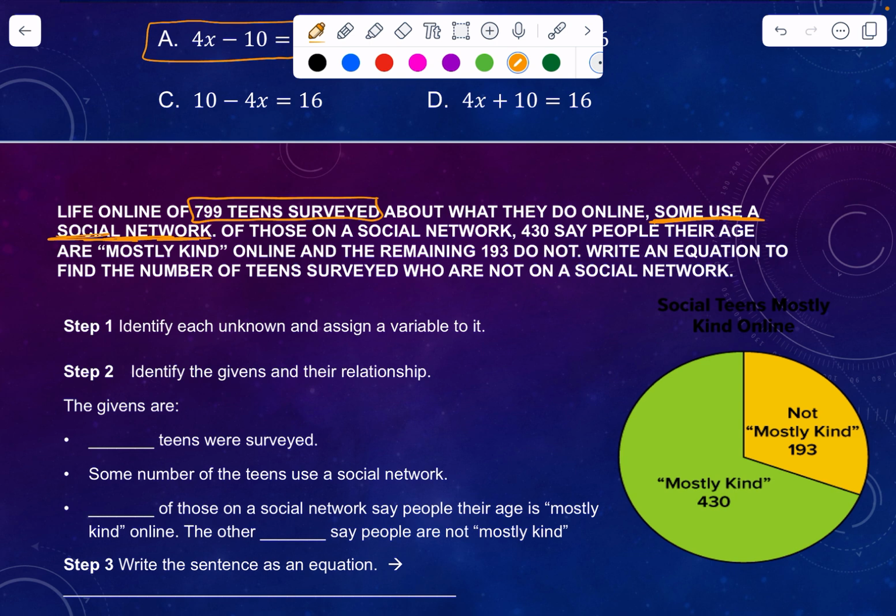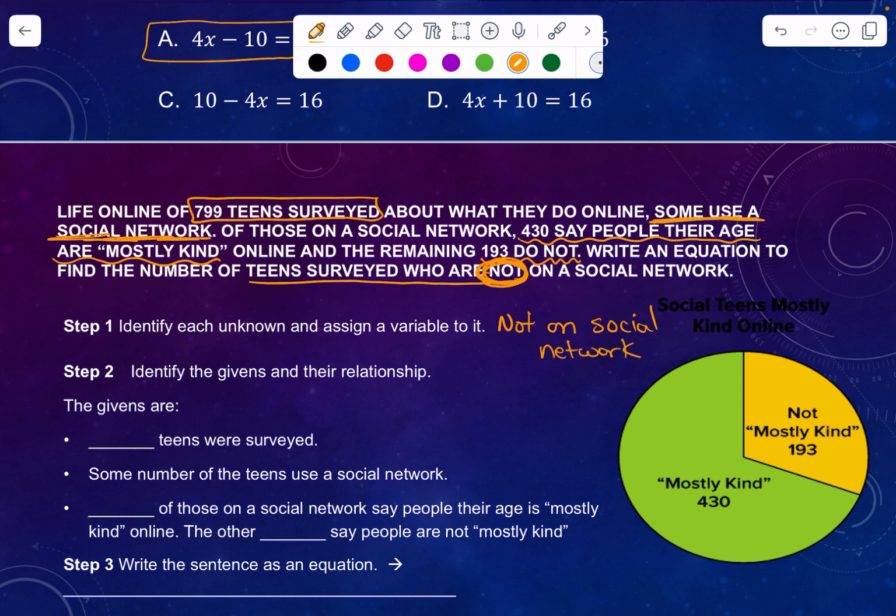Of those on a social network, 430 say people their age are mostly kind online, and the remaining 193 do not. Write an equation to find the number of teens surveyed who are not on a social network. So what are we looking for? We are looking for the ones that are not on a social network.